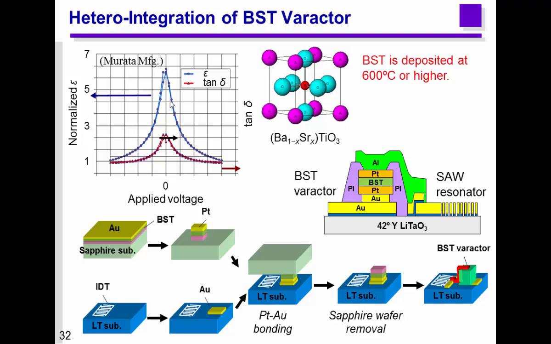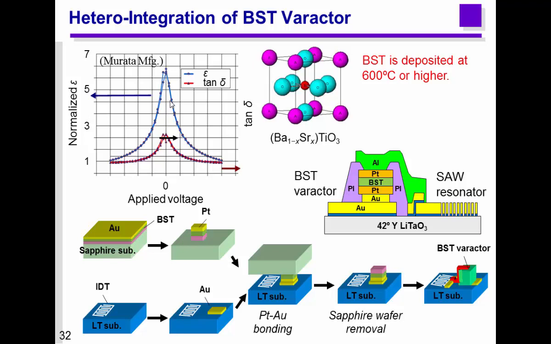So if we can make the BST varactor on the lithium tantalate wafer, it can be used. But the BST is deposited at very high temperature, as I described, so it is impossible to deposit a good BST on the lithium tantalate wafer. Lithium tantalate has a strong pyroelectric effect, and it's easy to crack if you increase the temperature.